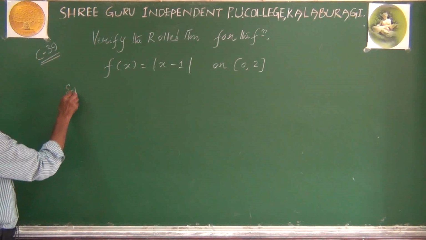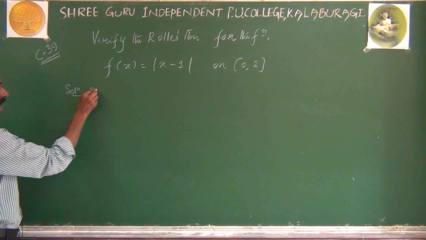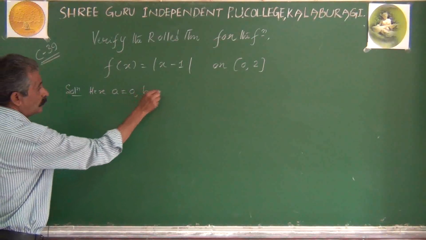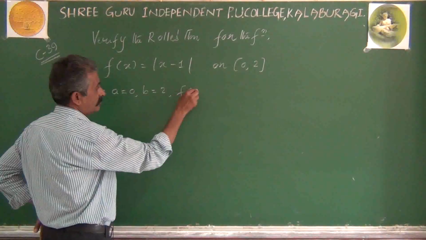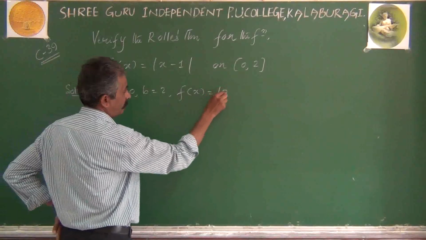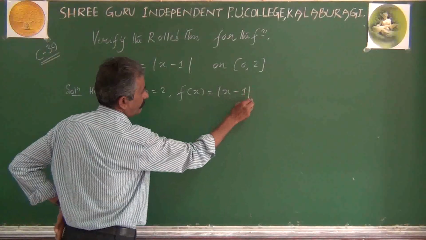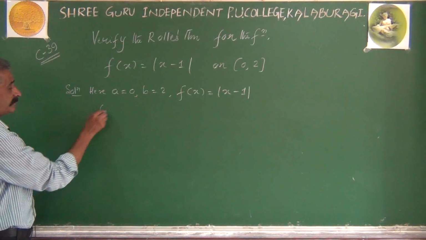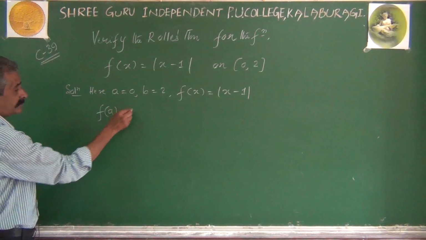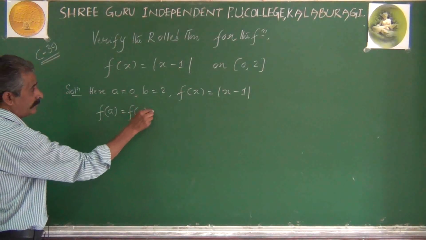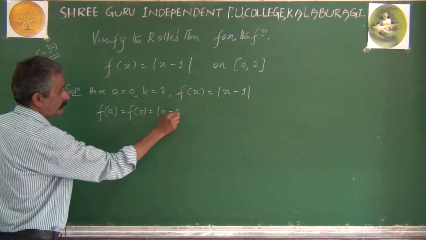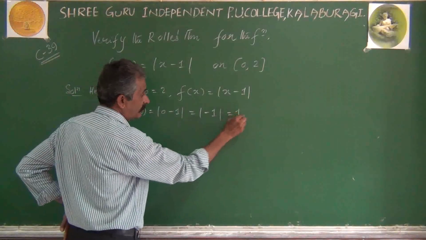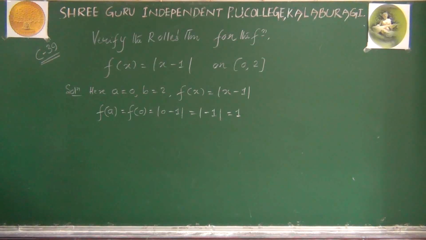Solution. Here a is 0, b is 2, f of x is modulus of x minus 1. We shall find f of a, that is f of 0, that is modulus of 0 minus 1, that is equal to modulus of minus 1, that is equal to plus 1.